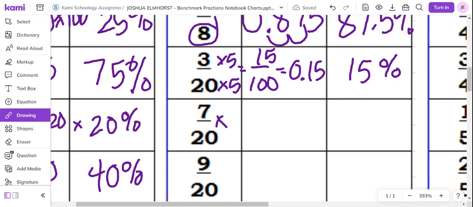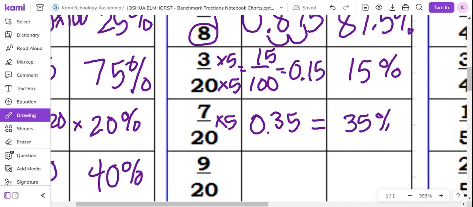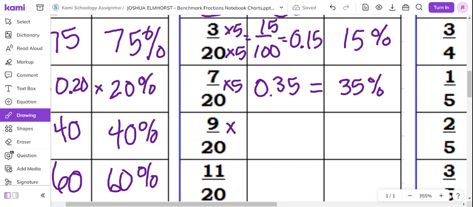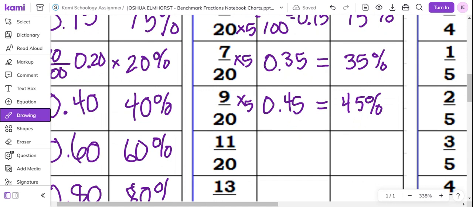So each one of these below, if you multiply by 5, so that's 7 times 5 is going to be 35. 0.35, 35 hundredths, or 35%. 9 times 5, 45. 45 hundredths, or 45%. 11 times 5, 55. 55 hundredths, 55%.